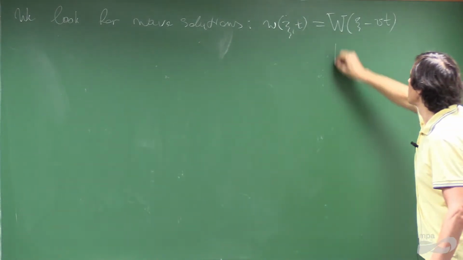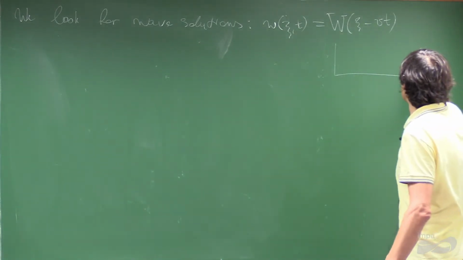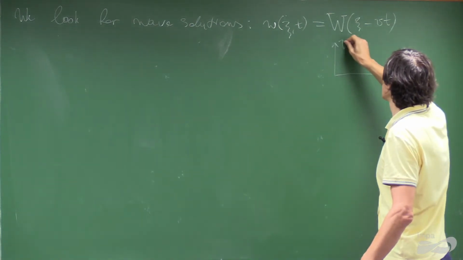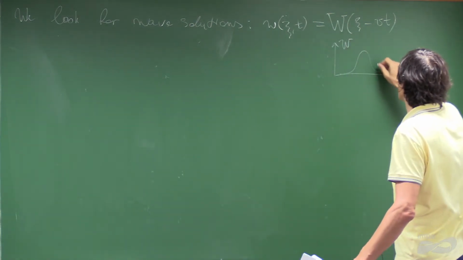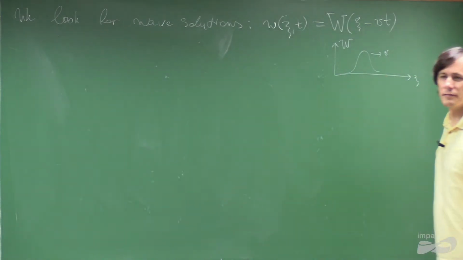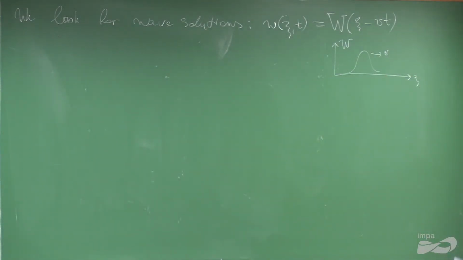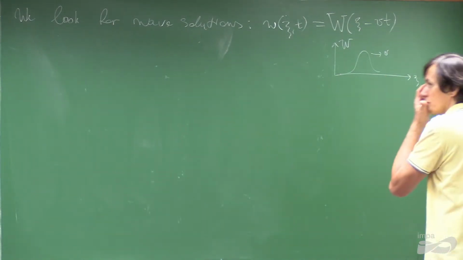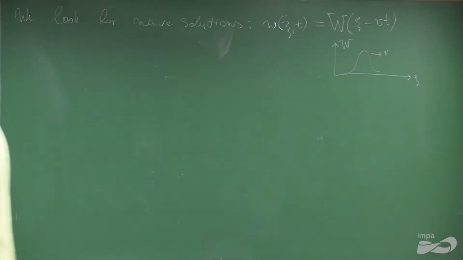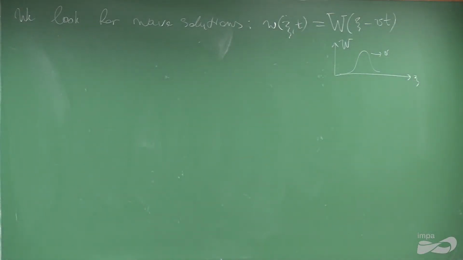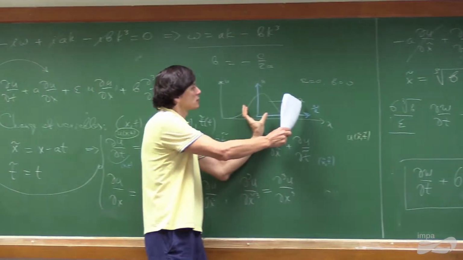So remember that this means that W has some shape and it moves with speed v. In some sense, remember that we're already in the moving frame, and that frame moves with exactly the sound speed.